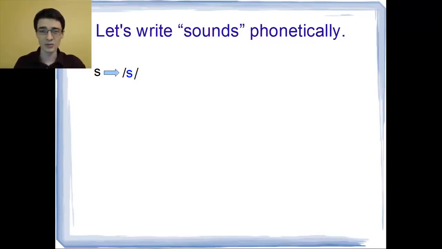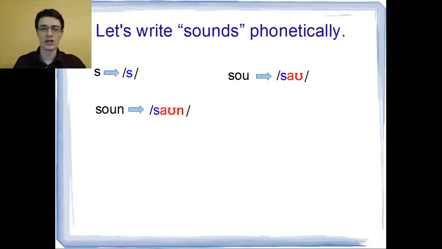S. Next we add in ow, as in out. Notice that it's red, which means that our throat vibrates. Sow, sow. Next we add in n. Sound. And then we add in d, sound.